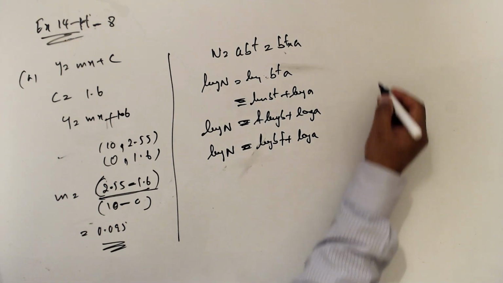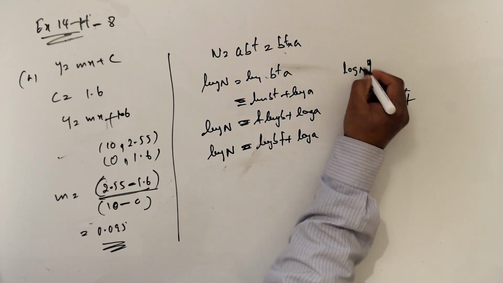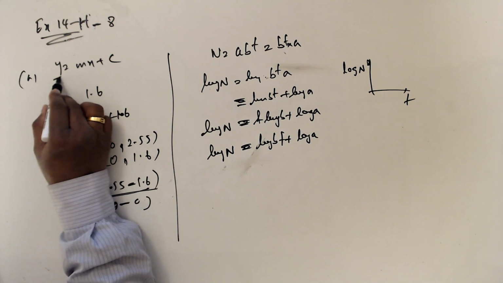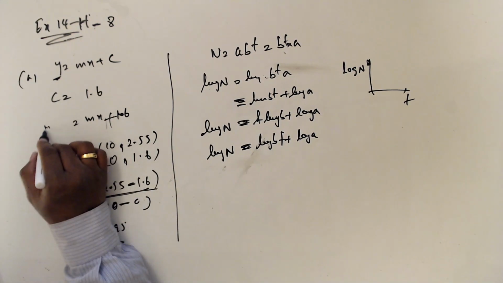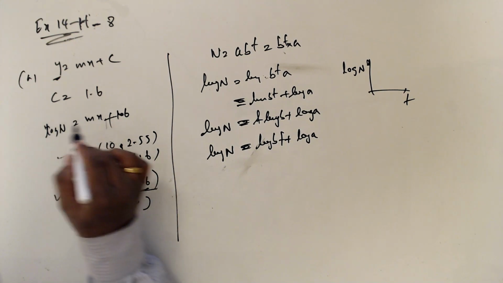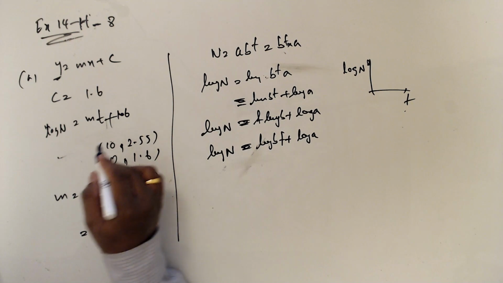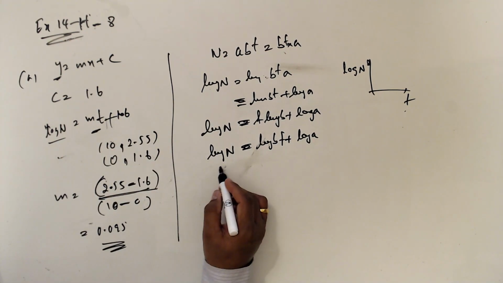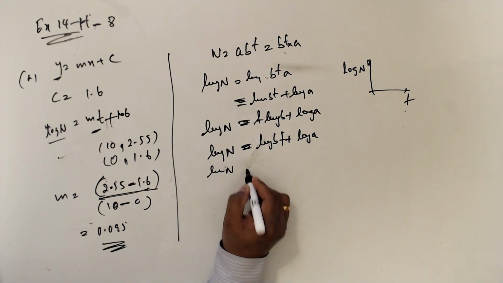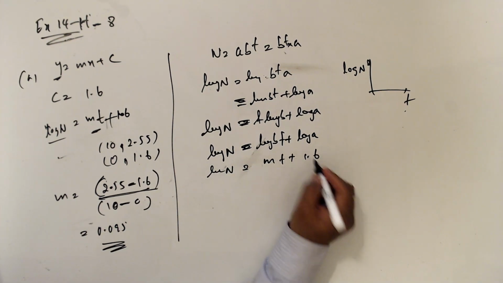When you look at the graph given T and log n, this really y value means log n, because this is log n and x is t. So this is log n equal mt plus 1.6. So now this is exactly matching the log n equal mt plus 1.6.